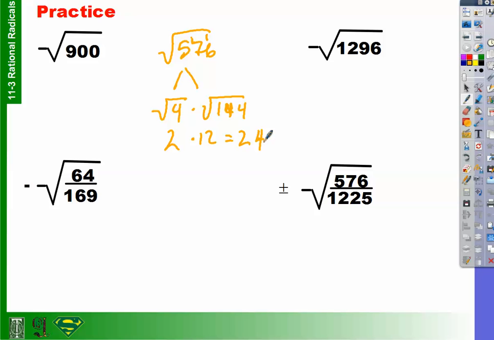So we know that this is going to be equal to 24 over, well, we'll do the same process for the next one. The square root of 1,225. What perfect square goes into that number? Should be painfully obvious right now to everybody. Sophie?